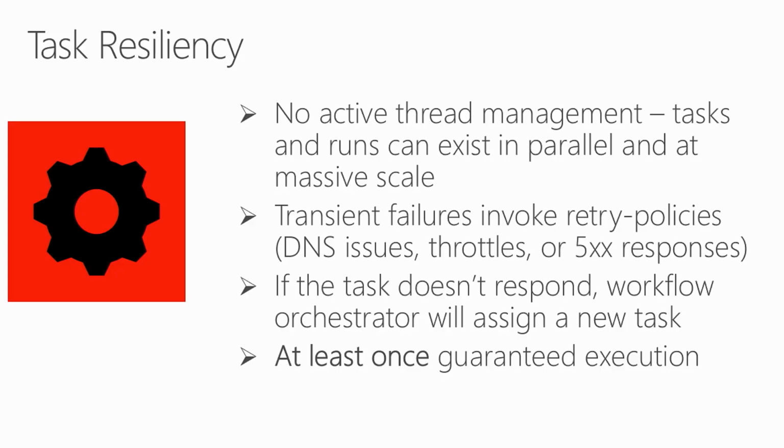I talked about how if the task doesn't respond, the workflow orchestrator will assign a new task, and we have at least once guaranteed execution. In the cloud world, for consistency, you want to think about eventual consistency, idempotency, and at least once execution. Those things go together in our new cloud world.